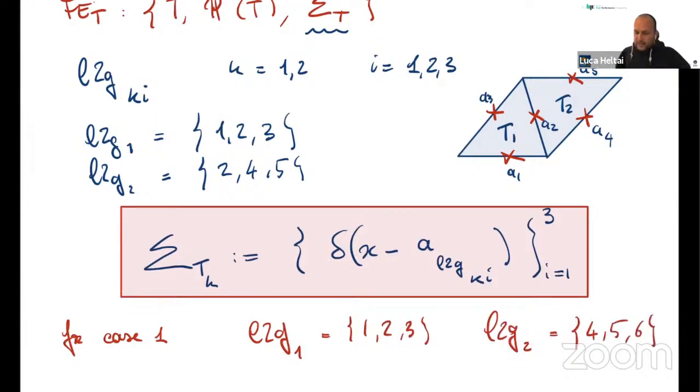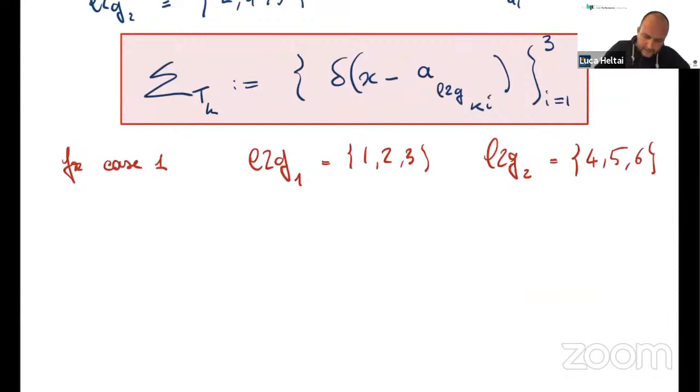And as you see, the maximum index that appears in this is 6, and the maximum index that appears in this is 5. Okay? And now let's go to the final case, which is case number 3.